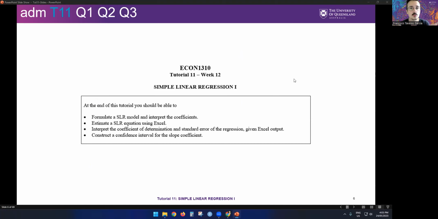So during this tutorial, we're not opening Excel and extracting an ANOVA table. We're just using the output that we receive. Same here, interpret the coefficient of determination and standard error of the regression given the Excel output. So we receive the Excel output and construct a confidence interval for the slope coefficient. Okay, let's go first to the first exercise.